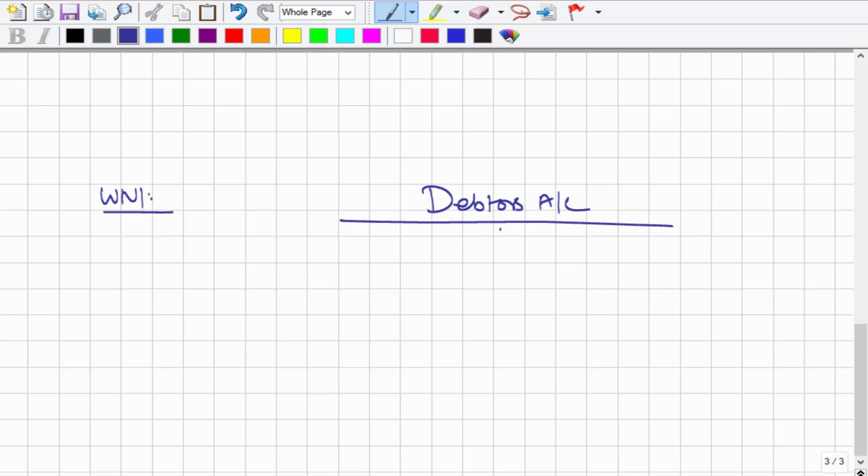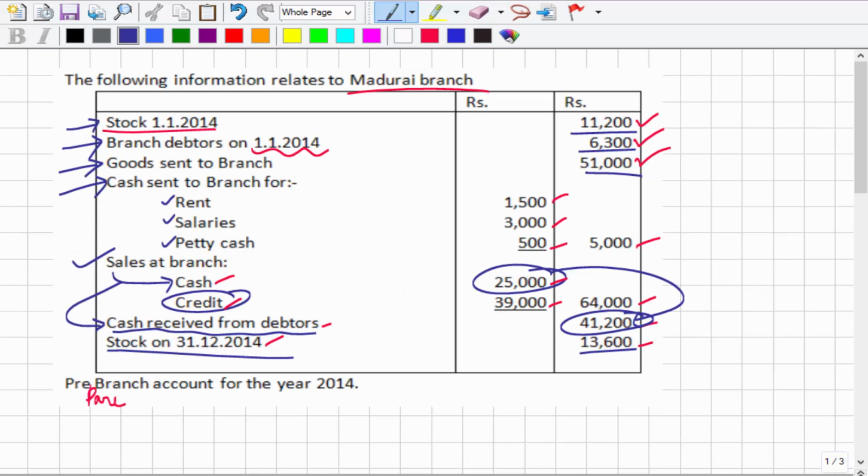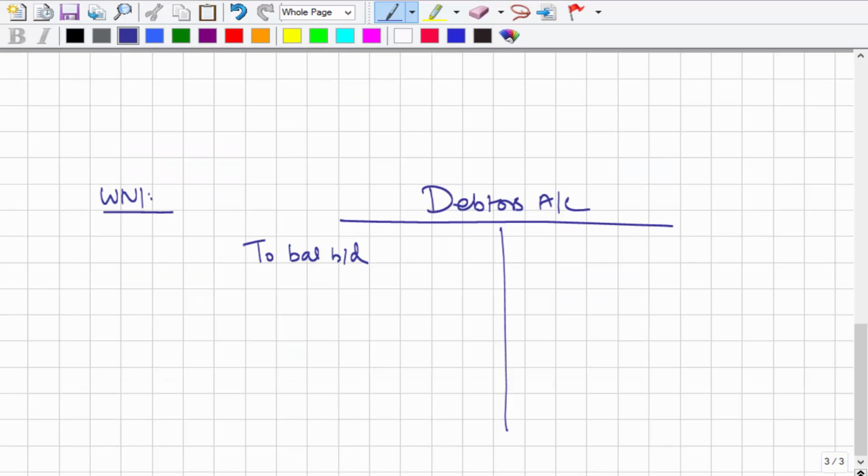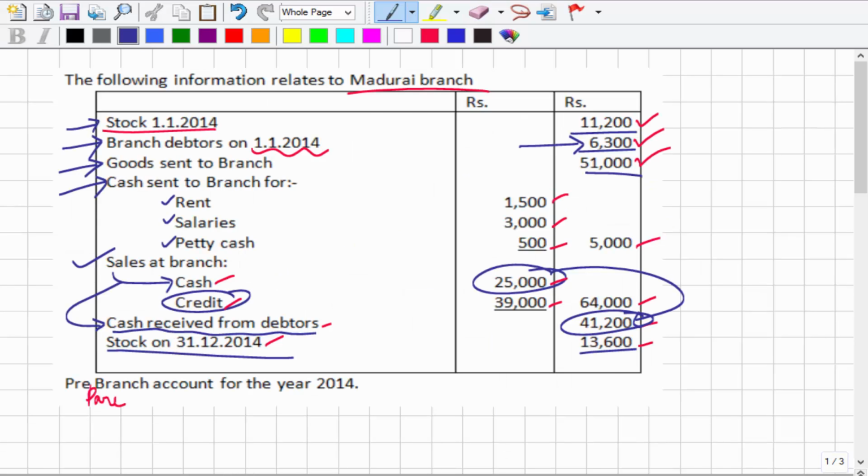What was the opening balance of debtors? To balance brought down. Let's pick up the opening balance of debtors. It was 6,300. Then whether debtors have increased? Yes, debtors have increased because there was credit sales of 39,000.